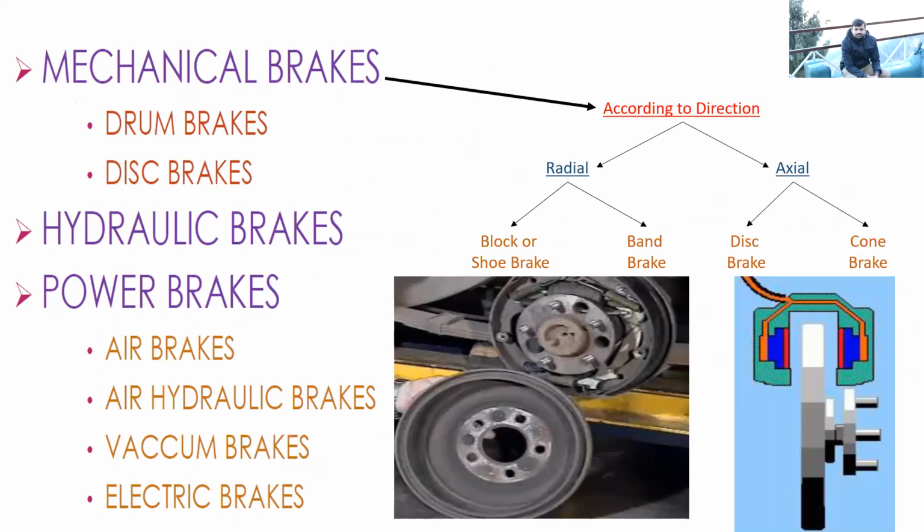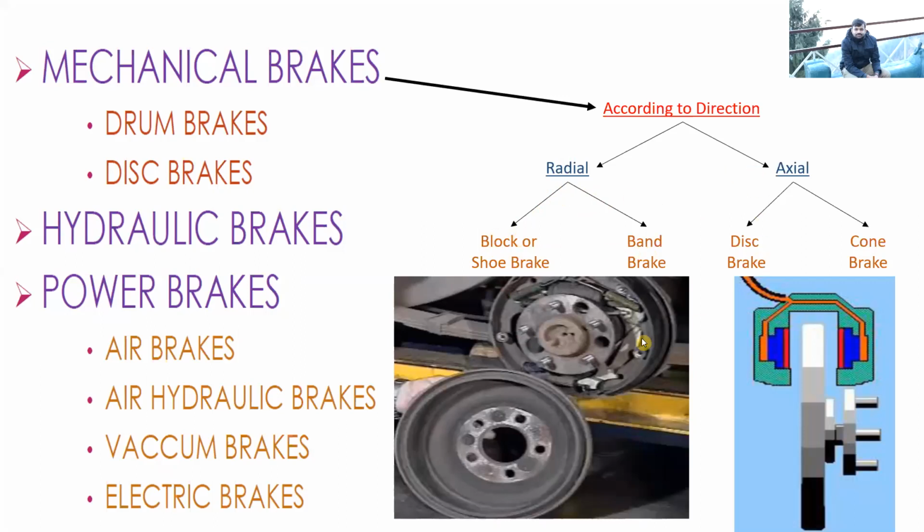All right. If the force is applied in the radial direction, that is along the radius of the wheel, then it will be called a radial brake. Okay, and these radial brakes are again classified into two types, that is shoe brake or block brake, and the second one is the band brake.